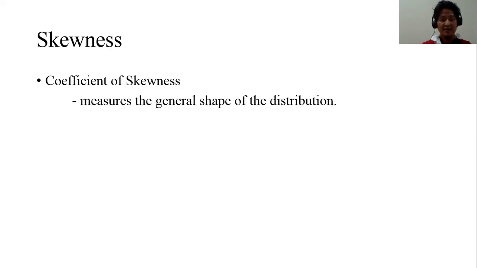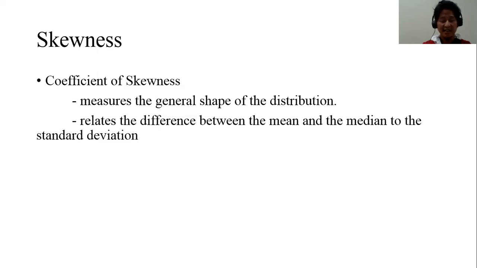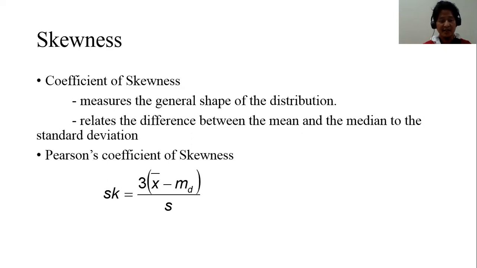So the coefficient of skewness that we will be using will actually measure the general shape of the distribution. Okay, so nire-relate niya kasi later on makikita nyo that yung coefficient of skewness na i-compute natin will just be the difference between the mean and the median over the standard deviation. So this is what I'm saying.